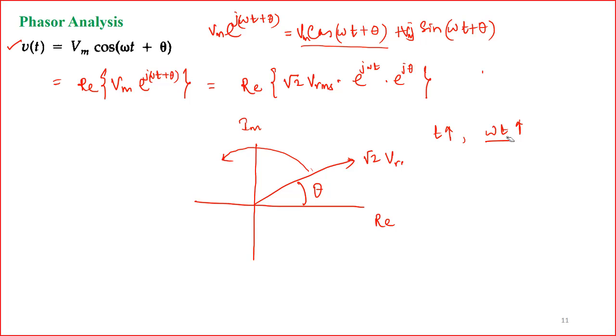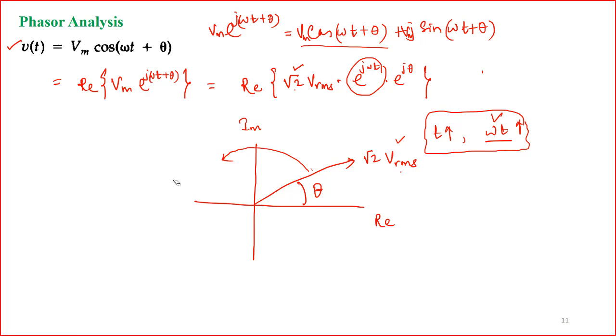So therefore there is no need to consider this omega t component under steady state, because it is a rotating phasor at a speed of omega. So we don't require this under steady state analysis. Therefore we will only consider this angle theta, and important is Vrms. So we will drop the root 2 and the e to the power j omega t, right?